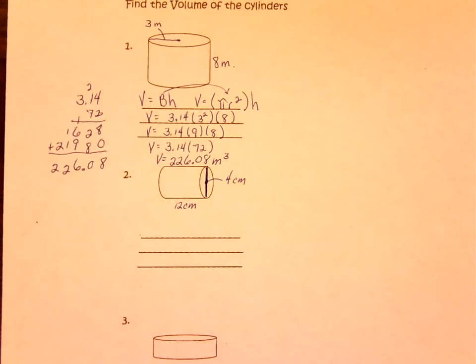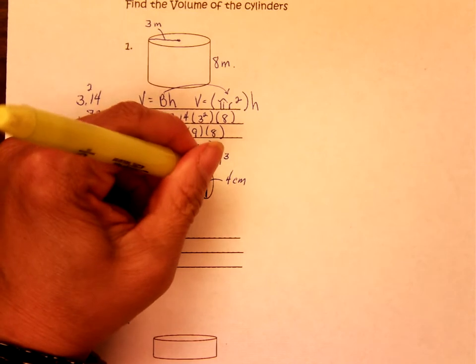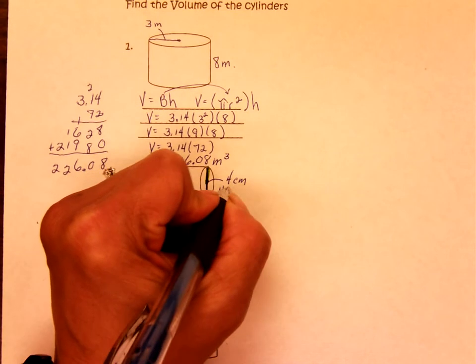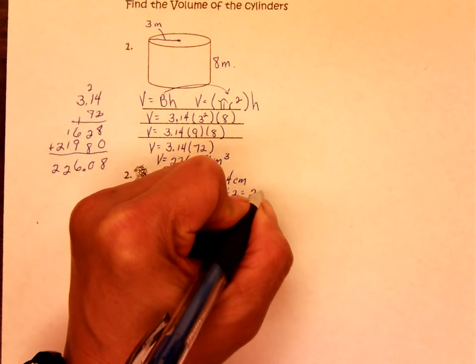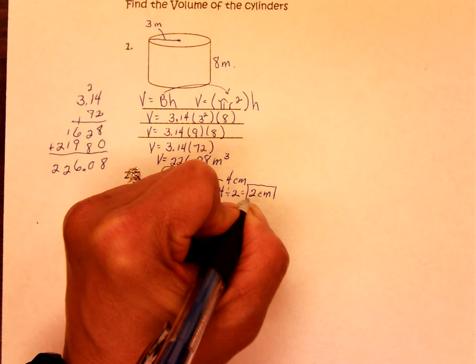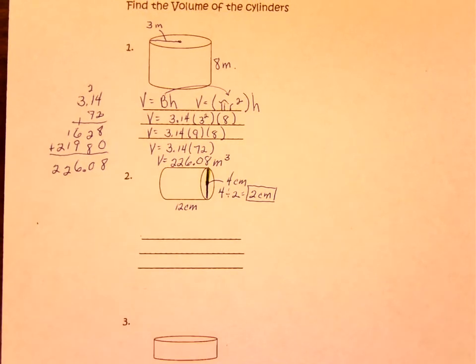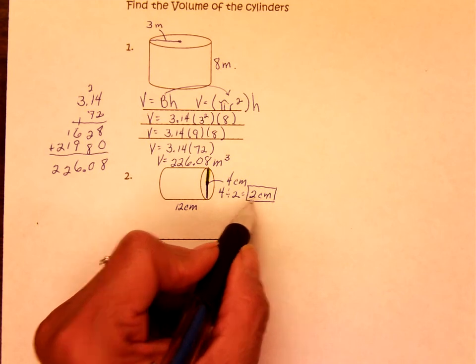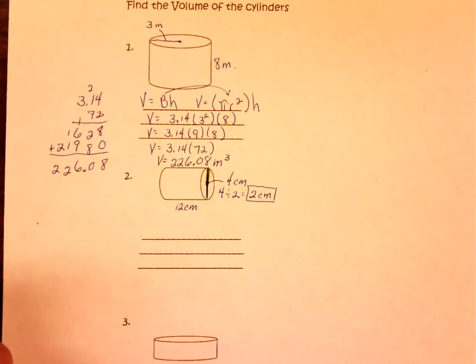And radius is only half of the diameter. So that means that you have to take 4, divide that by 2, and you'll get 2 centimeters. And this 2 is what we need, not the 4. And now you should be able to solve this exactly like number 1. So go ahead and try that on your own, and when you're ready, you can push play.